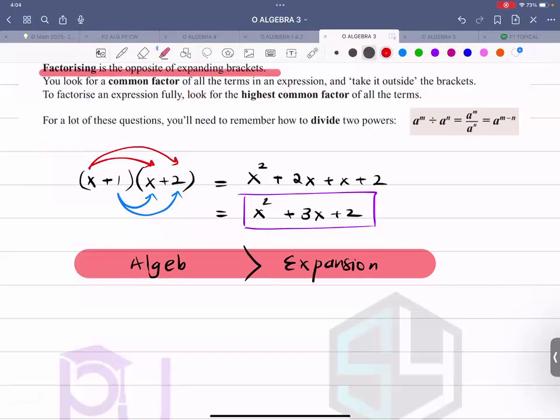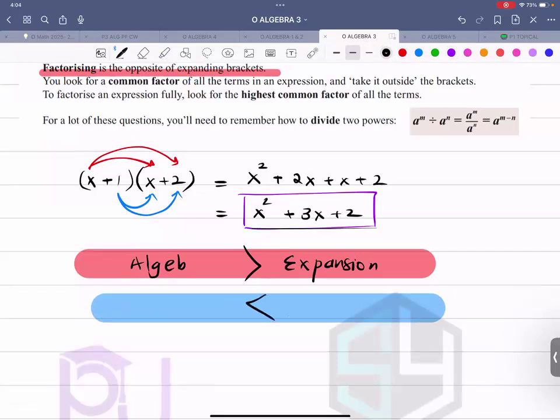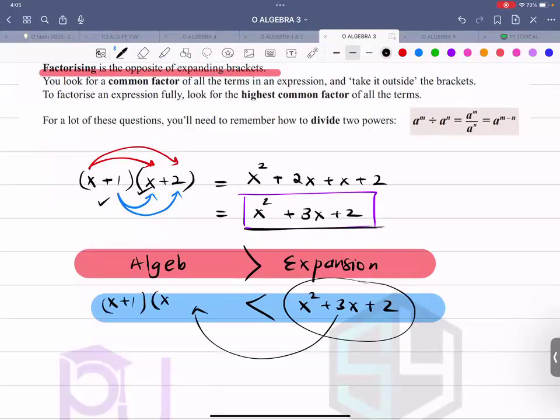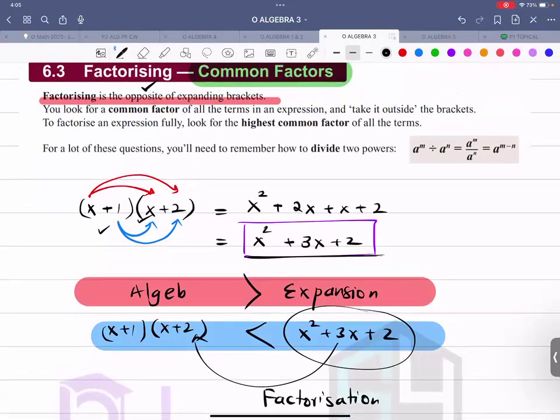And if we go the other way, from x squared plus 3x plus 2, if I break it down and I get the answer as x plus 1 into x plus 2, by whichever method, this is known as factorization. So factorization is the opposite of expanding brackets.